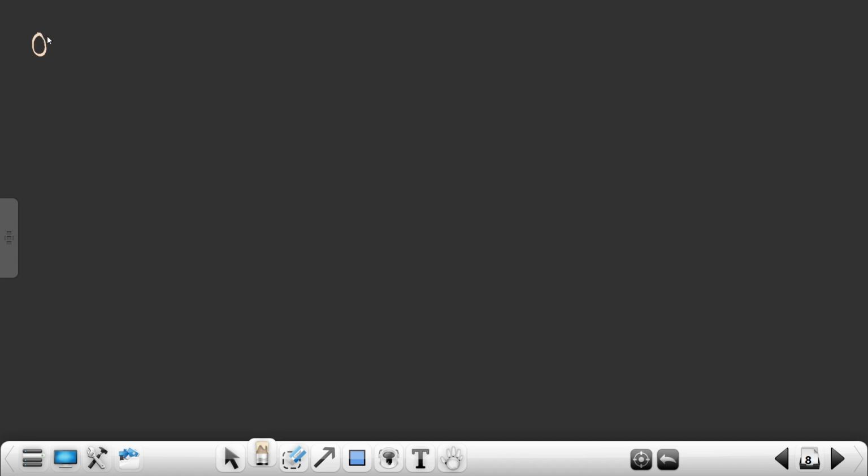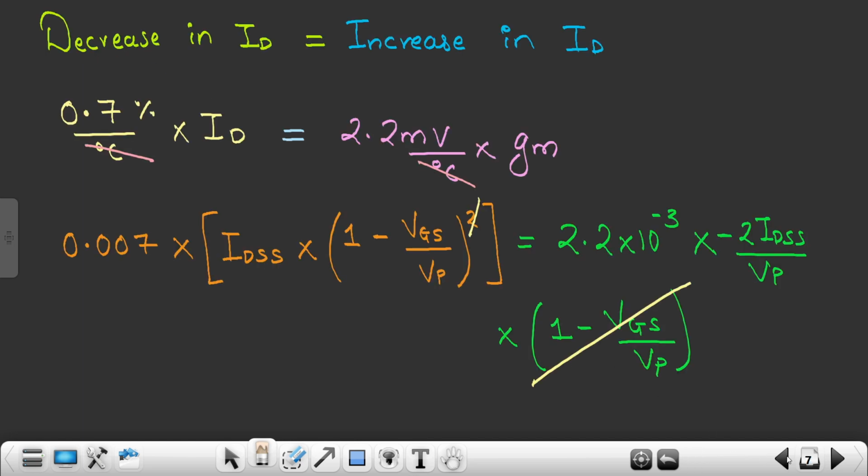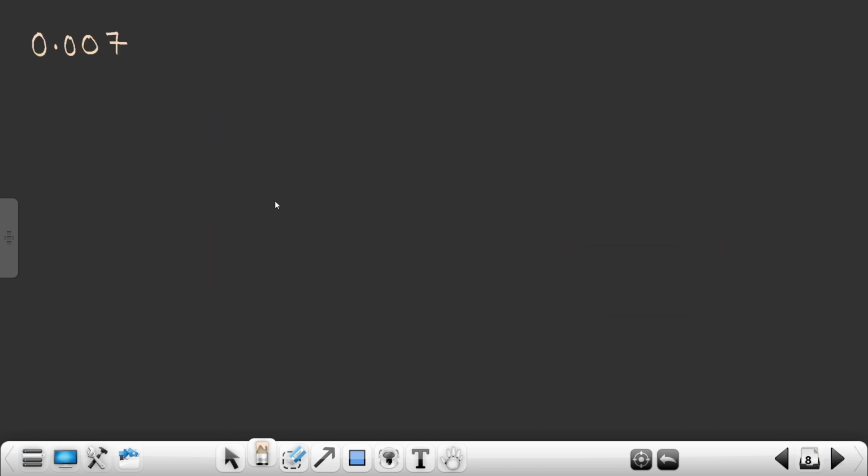0.007 into IDSS into 1 minus VGS by VP, right?